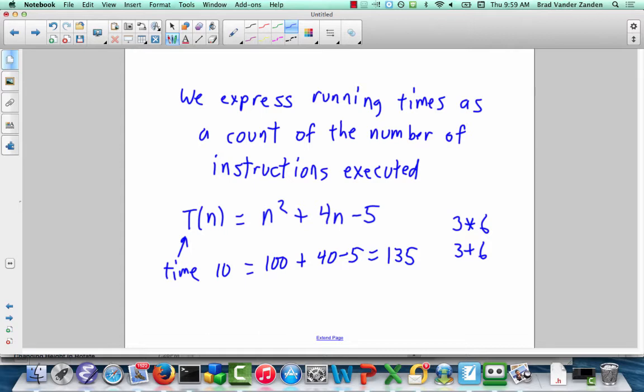However, the instructions, for the most part, are within a constant amount of time of each other. It's not like one instruction takes n times longer than another. They're within a constant. So maybe the multiplication takes 5 times longer than the addition. We're willing to live with that. So we just assume that the instructions take a constant amount of time, and that we count each instruction as 1.